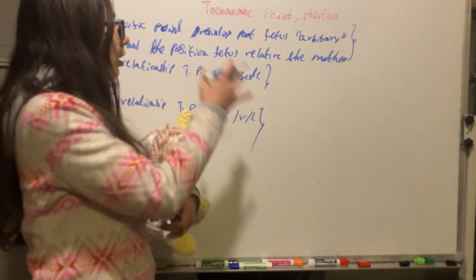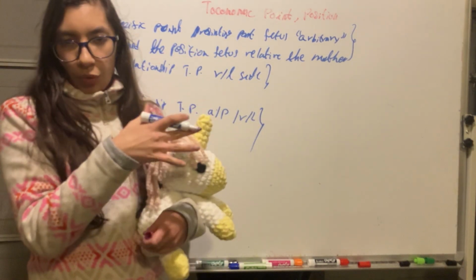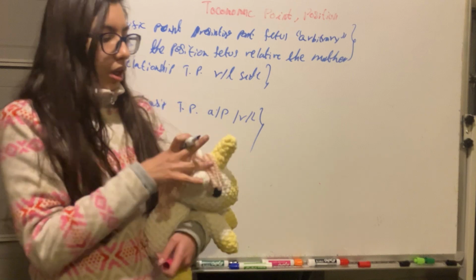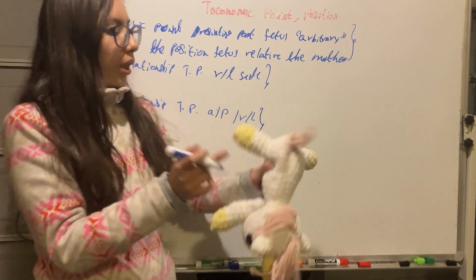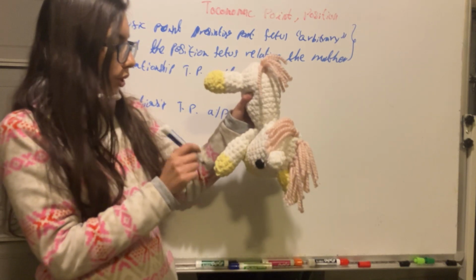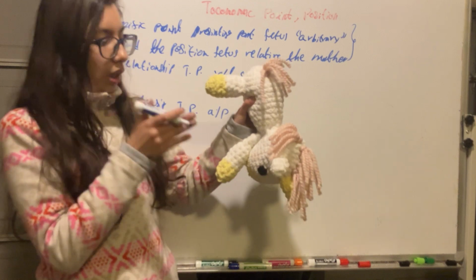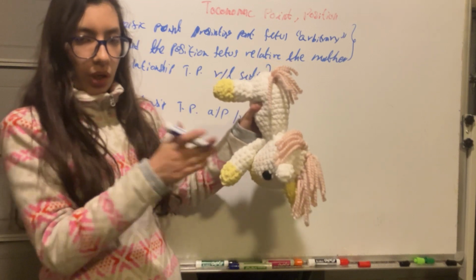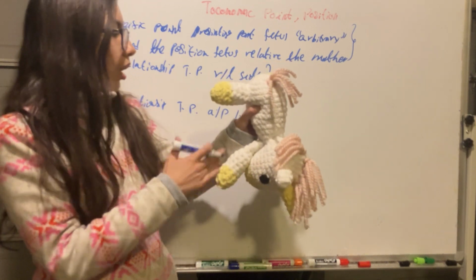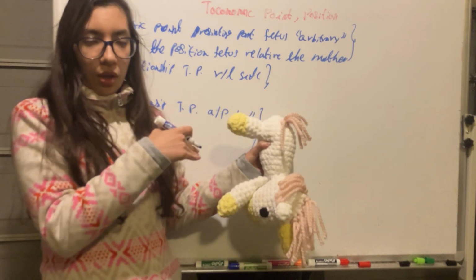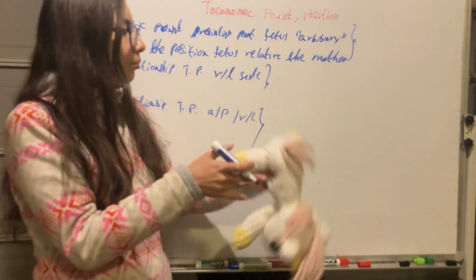So in summary, the tocogonic point is an arbitrary point of the presenting part that we use to define how that point is relative to the mother: anterior, posterior, right, left. That is position and variety.